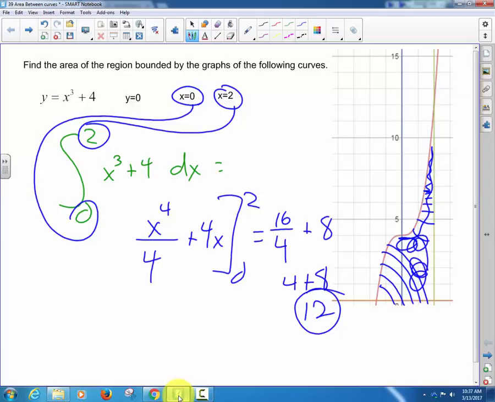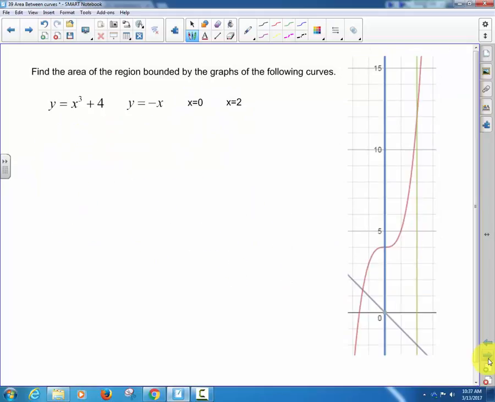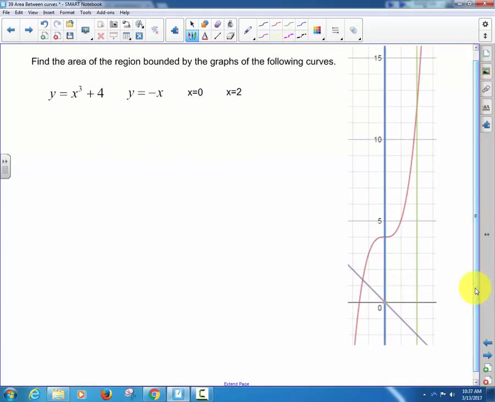All right, now let's look at the next question. And how is it changed? Okay, before we had y equals 0 right here. Now we've got y equals negative x. So can we color in what region we're trying to find the area of?